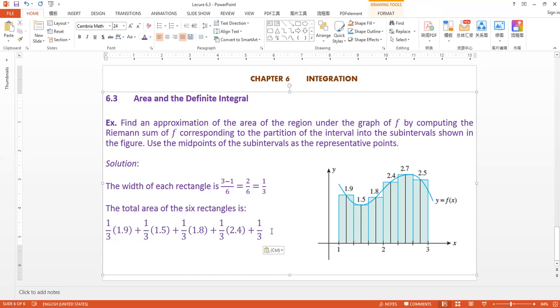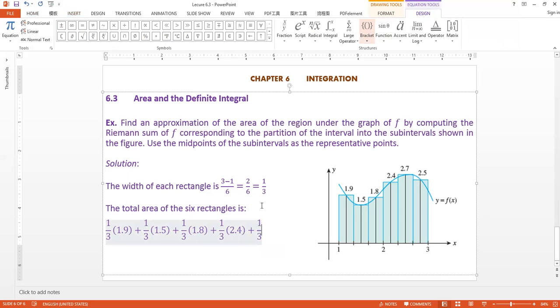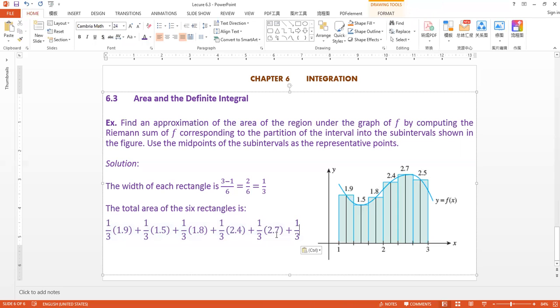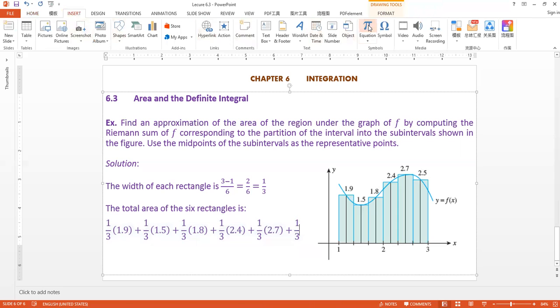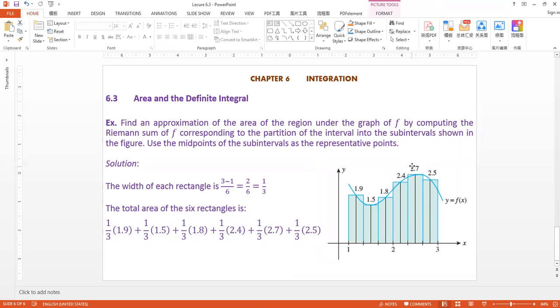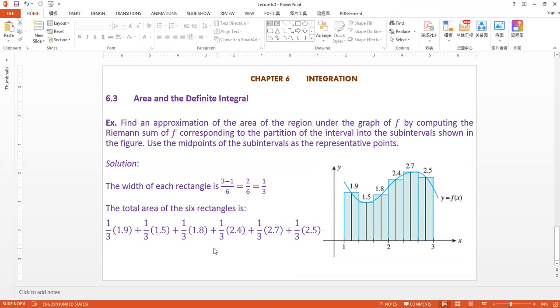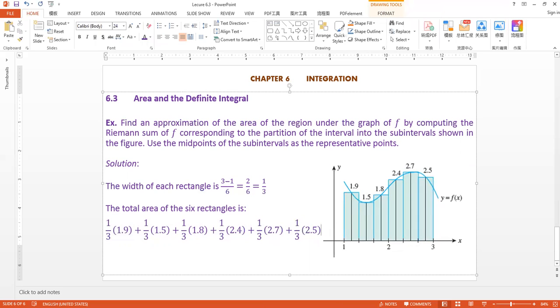The fifth rectangle has width 1/3 and height 2.7. And the last one, again width 1/3, and the height is 2.5. We need to move this graph a little to the right-hand side.